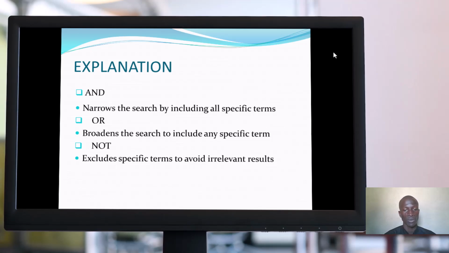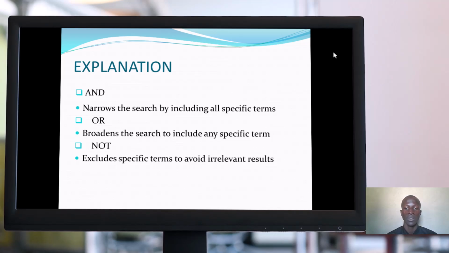Take for example when you want to search about mobile money in Uganda, we are going to only find results that mention mobile money and Uganda.